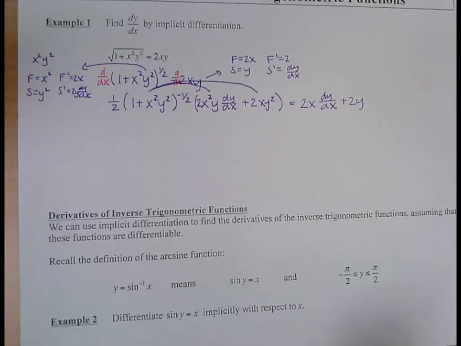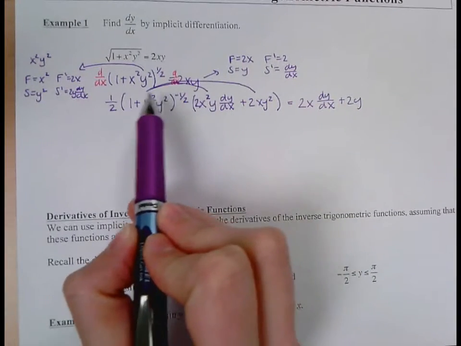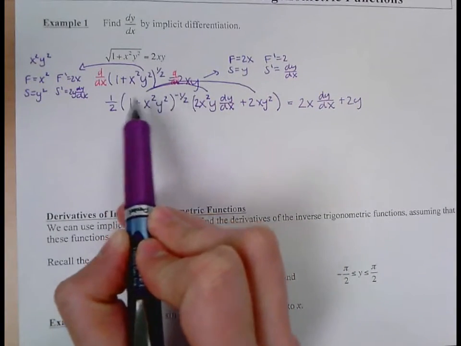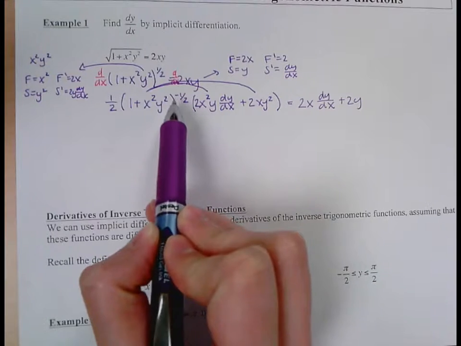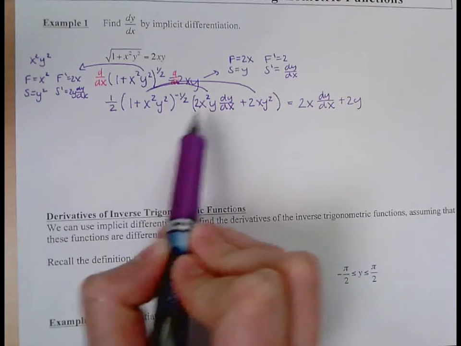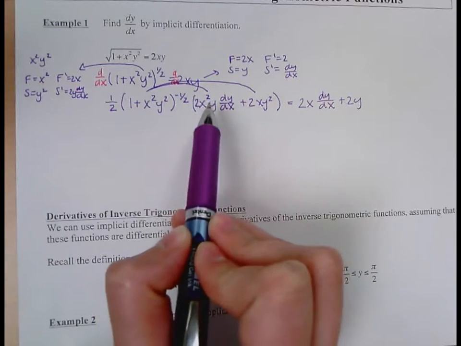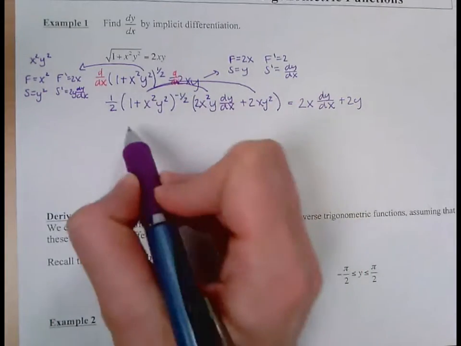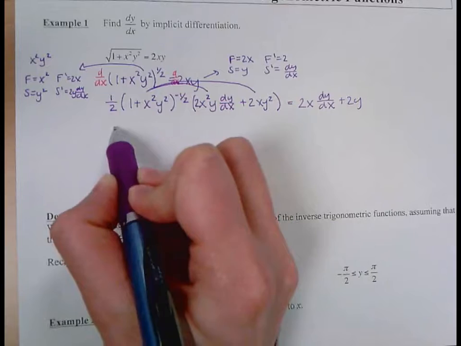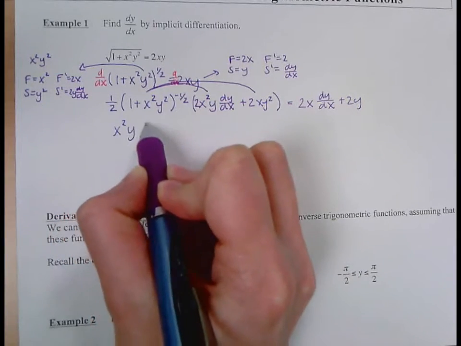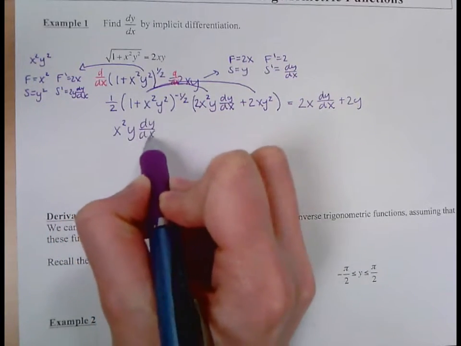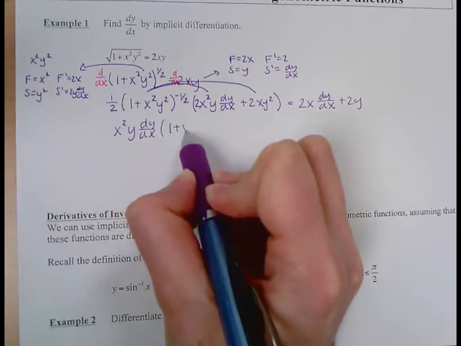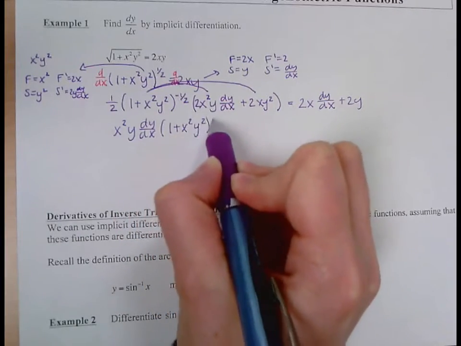Now when you do that, you cannot change anything in this parentheses because it's to the -1/2 power. So it's really just multiplying the 1/2 by everything else that's there. So for example, when I distribute it here, the 1/2 and 2 cancel. So I would just have x squared y dy/dx times the quantity 1 plus x squared y squared to the -1/2.